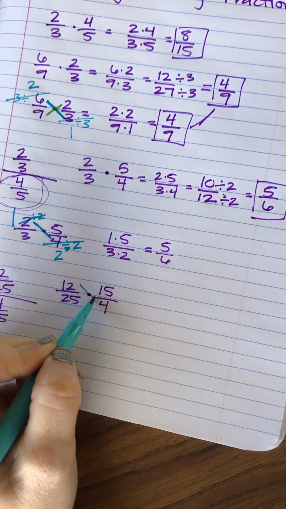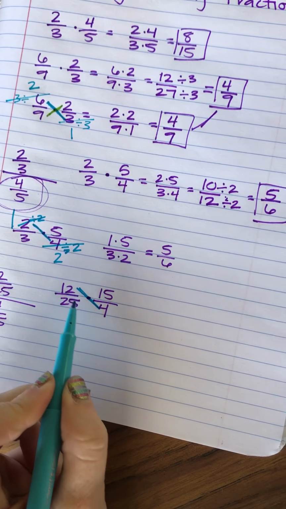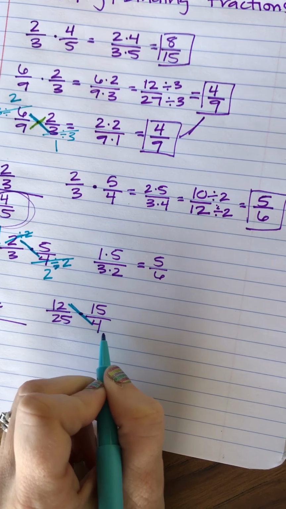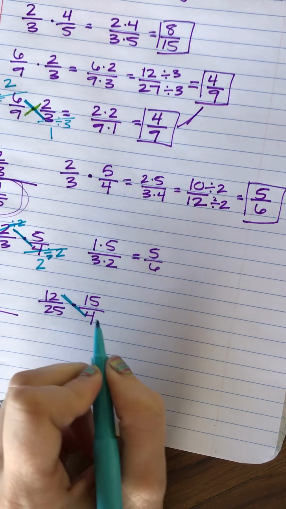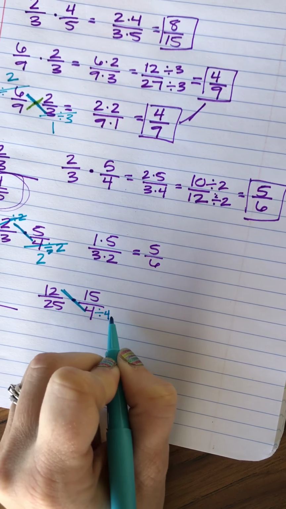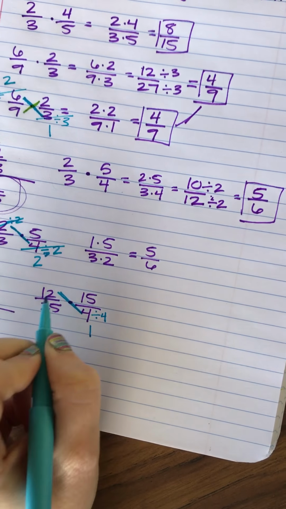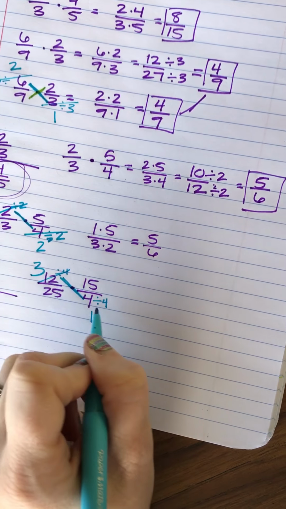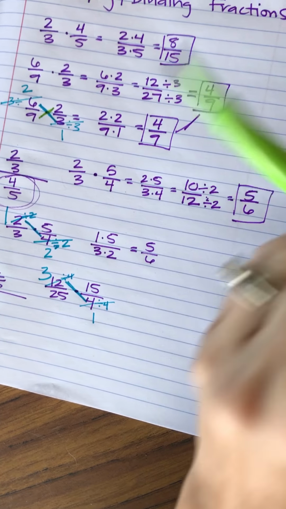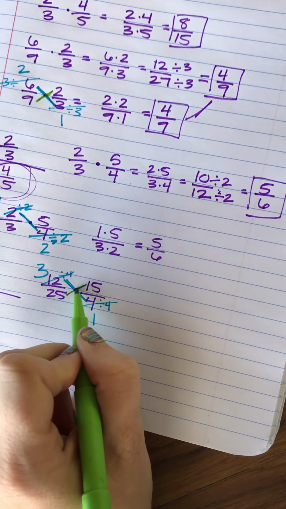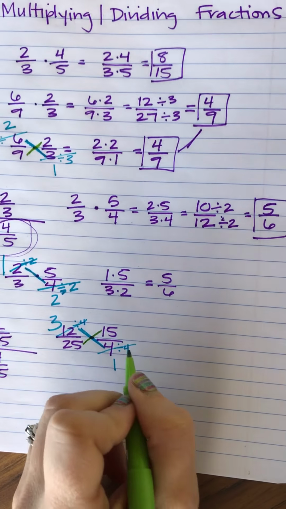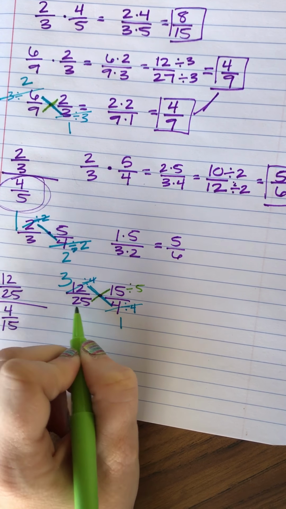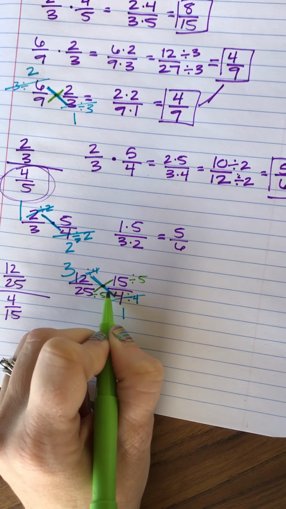So this way, let's go this way first. So 12 and 4 both have factors of 4. So 4 divided by 4 would equal 1. And 12 divided by 4 would equal 3. And then let's go the other way, because 15 and 25 share a factor of 5. So we can divide this by 5, and we can divide 25 by 5.